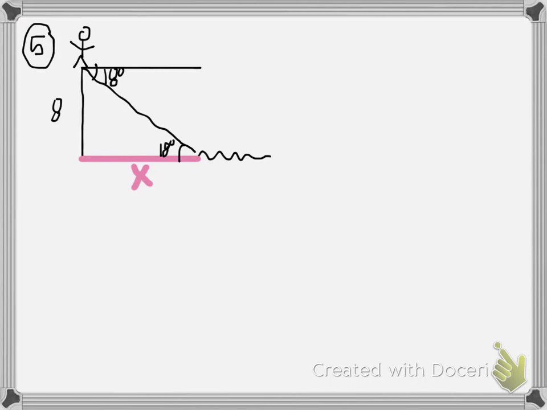So I know I want to have my 18 degrees. I know my side that is opposite, and I want to find my adjacent side. So this is my opposite, and this is my adjacent. That means it is going to be tangent. So tangent of 18 degrees is equal to 8 over x.